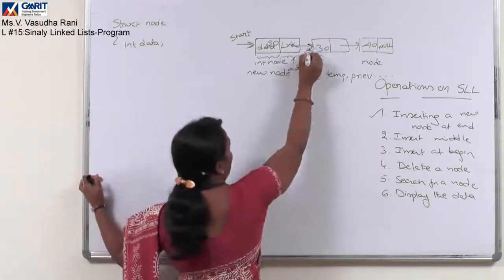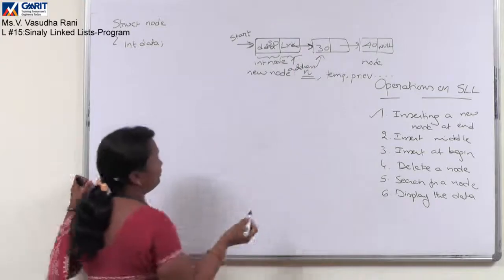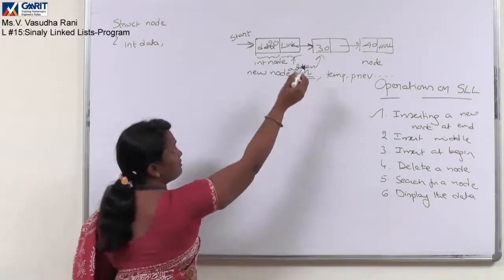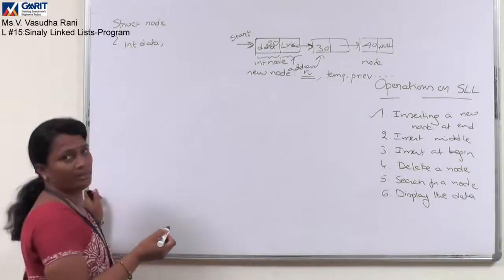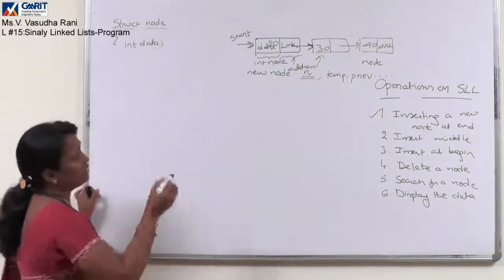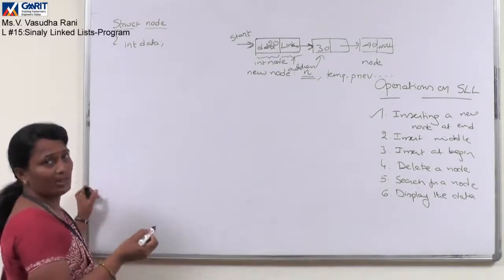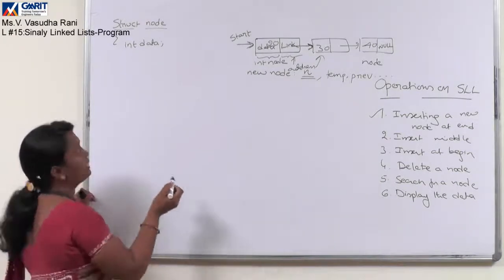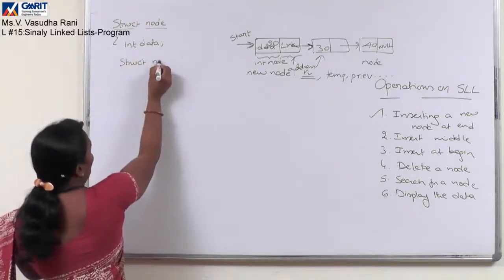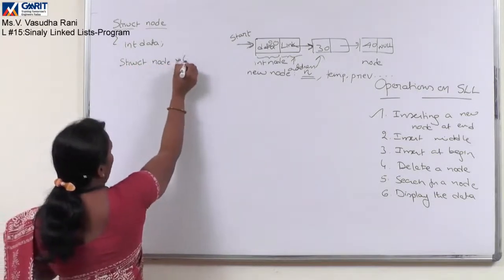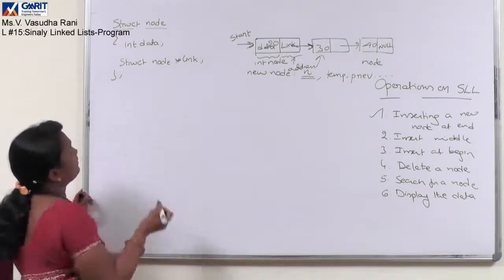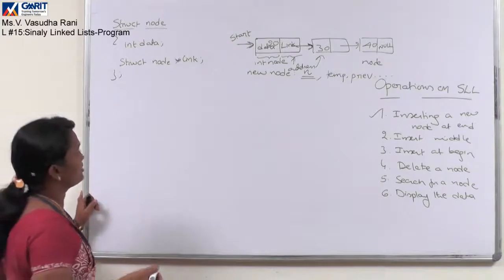For that particular addressed referred data, it is a node type data and which is defined as struct type. So that address field should be declared as of that node type. So it comes struct node star link. This is the structure.